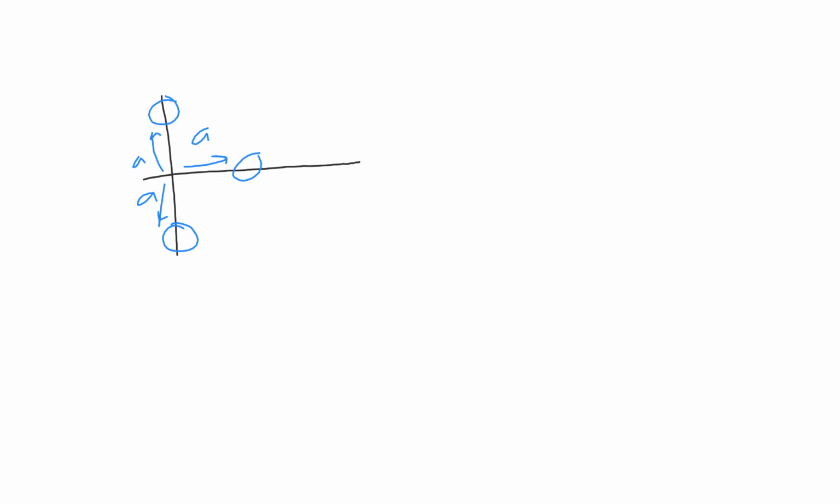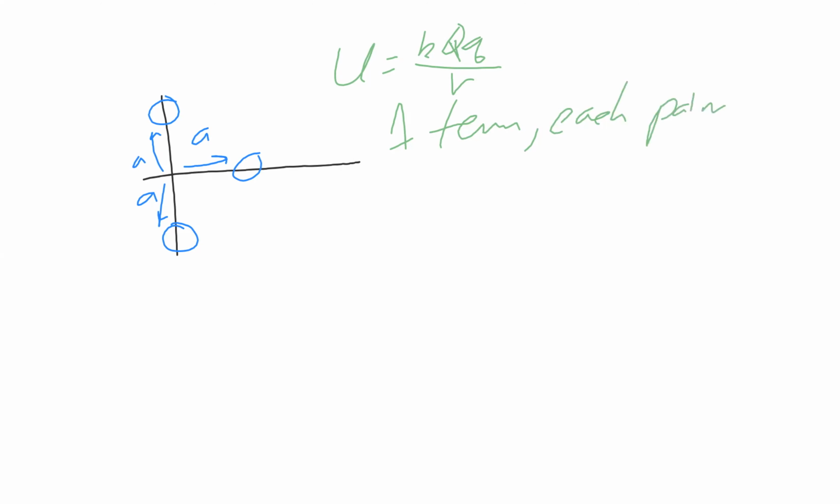All right, so I know potential energy is going to be k, big Q, little q over r, and I have one term for each pair. In this case, I have three particles, which means I have three possible pairs.